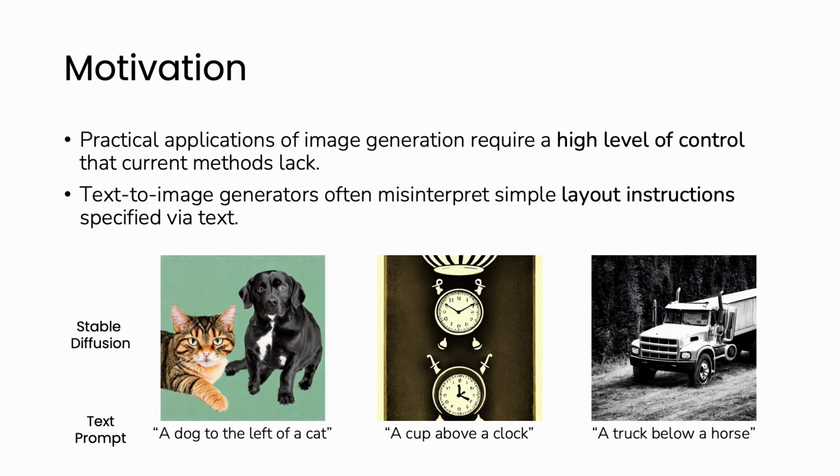For example, the strong text-to-image generator, Stable Diffusion, cannot understand simple layout text instructions such as a dog to the left of a cat, a cup above a clock, or a truck below a horse. Therefore, we ask if we can find a way to control the layout of the images generated by the pre-trained image generators.